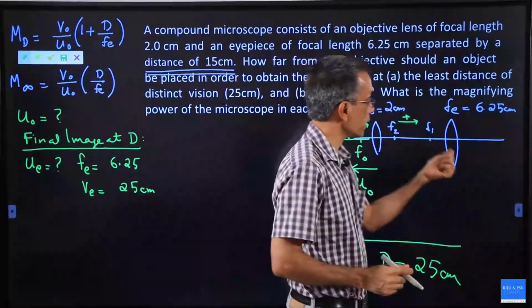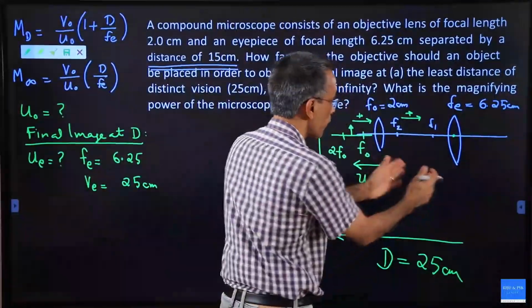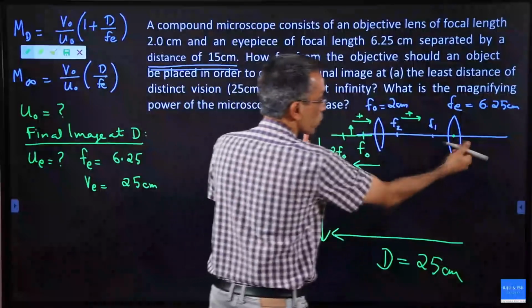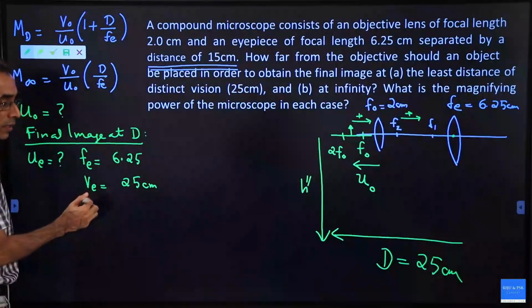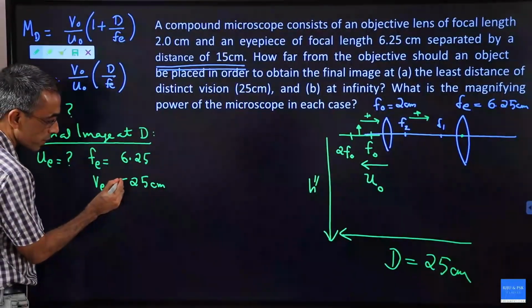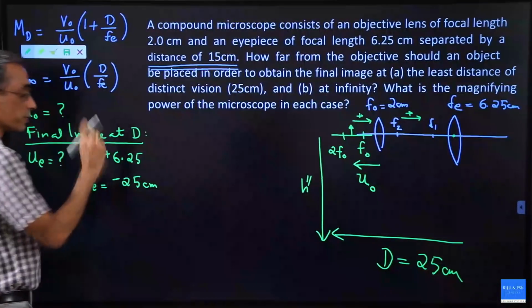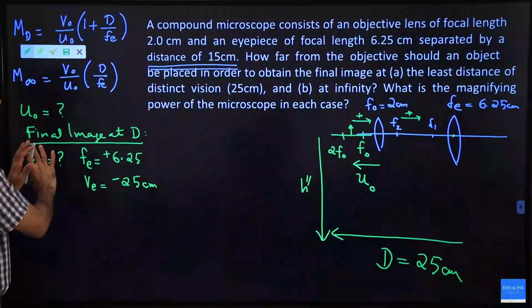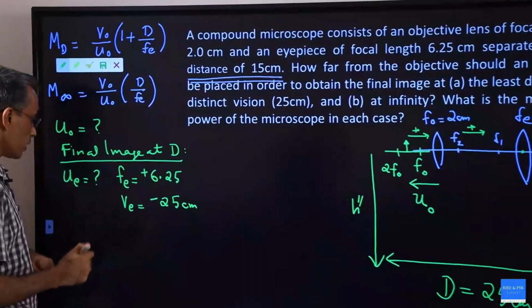For the eye lens, distances are measured from this point. The final image is opposite to the direction of the light, so the final image of the eye lens is at minus 25 centimeter, and the focal length of the convex lens is positive. So for the eye lens part, I have two data and one unknown, U of the eye lens.